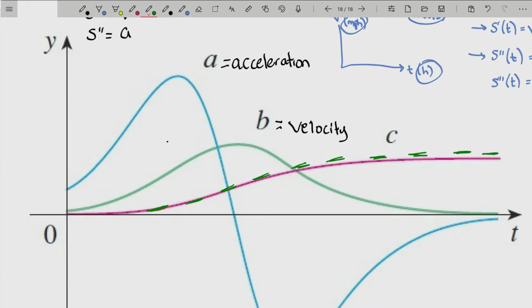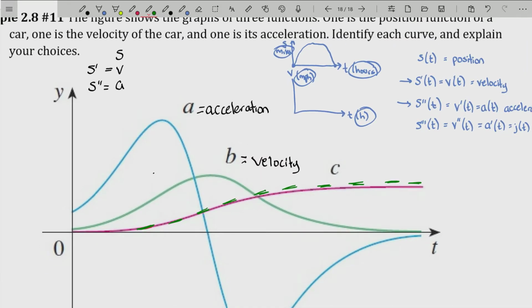Although they're approaching a slope of zero, they're still always positive. And notice B is always positive. Although it is approaching a height of zero, it is still always positive. Thus, B does look like it's the derivative of C. And since B is a velocity, C must be position.